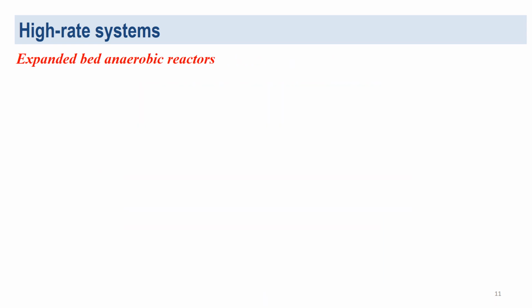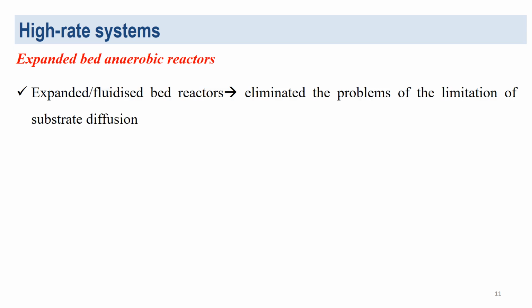Another technological alternative is the expanded bed anaerobic reactor. The development of the expanded and fluidized bed anaerobic reactors practically eliminated the problems of the limitation of substrate diffusion, usually inherent to the stationary bed process. The expanded bed reactor consists of a cylindrical structure packed with inert support particles to about 10% of its volume.